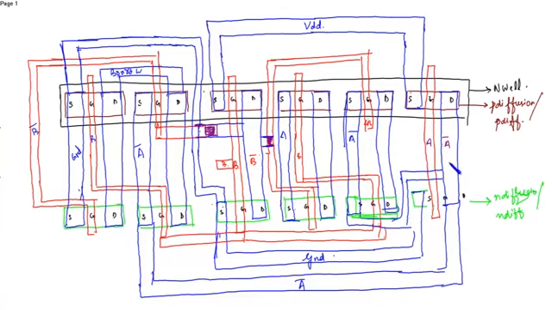So directly connected to A bar. Now A bar is connected, but A can be connected from this side to here. This is A. This is a metal layer from here. This is A.